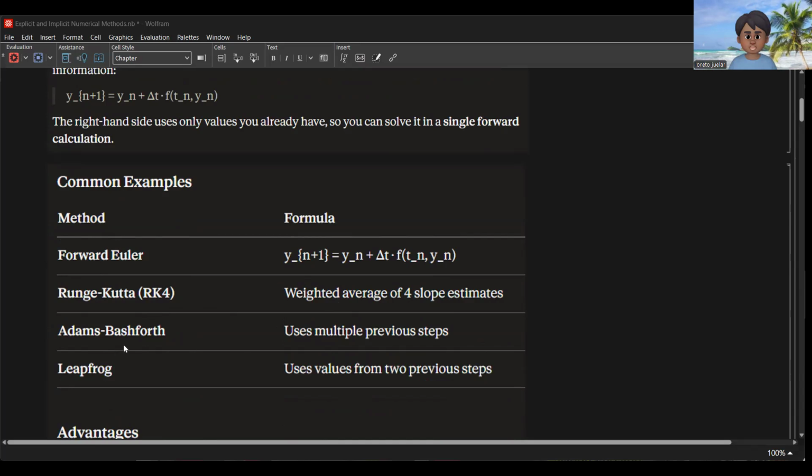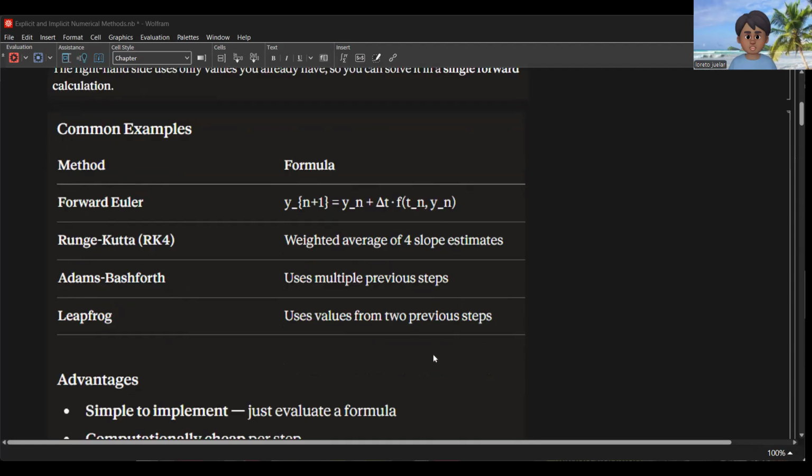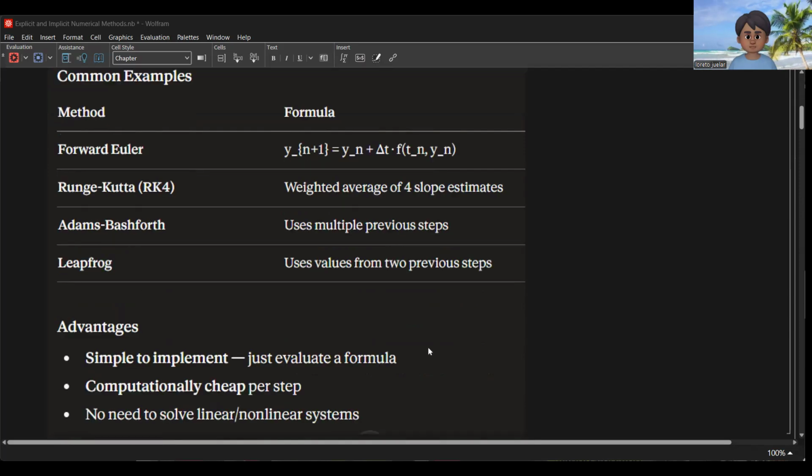And we have Adams-Bashforth, which uses multiple previous steps. I will not discuss this anymore. We have the leapfrog, which uses values from two previous steps. So we will just concentrate on the specific numerical method, the explicit one.